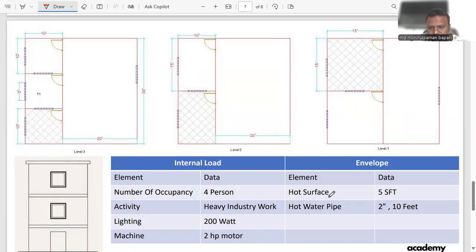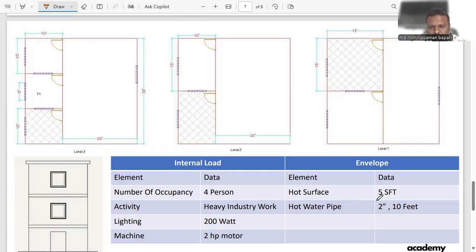Hot surface, let's say there is a 5 square feet hot surface. Let's say inside an industrial project there is a machine, and the surface of the machine is very hot. We need to find out the area as well as the temperature of the hot surface. It is only required for industrial projects. For other projects, you can skip it.